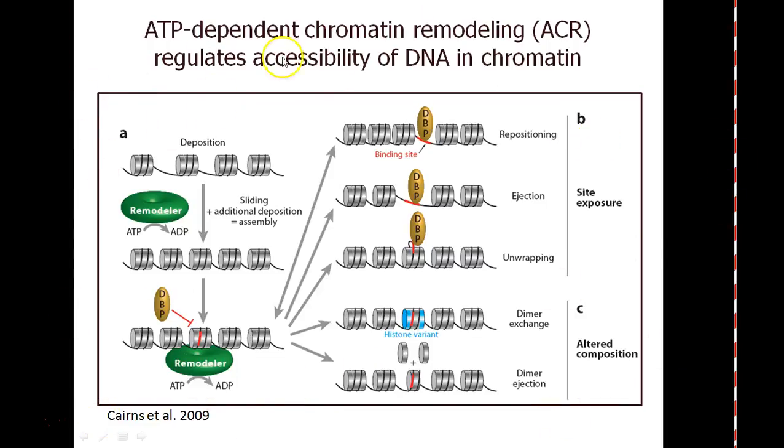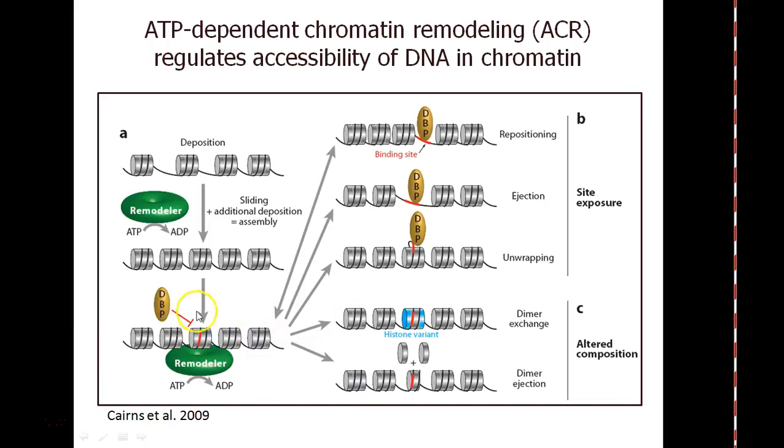So this is a nice figure showing a stretch of chromatin. And for example, here, when we focus on this red piece, let's say this is a very important regulatory element. This regulatory element is important for the expression of a gene that is important for cell survival.